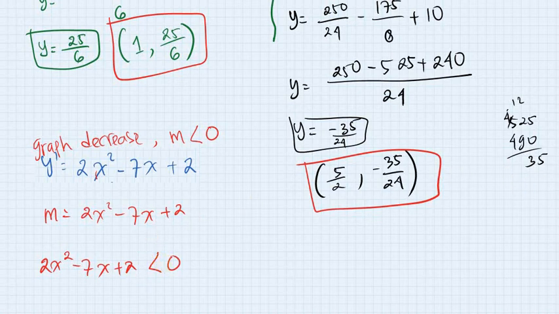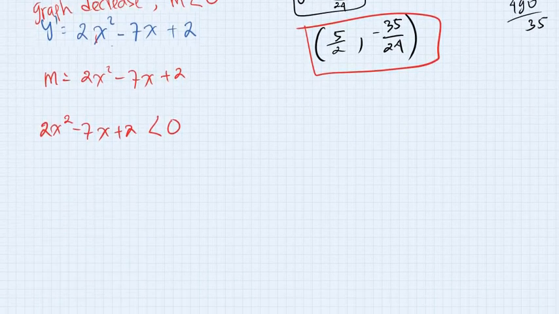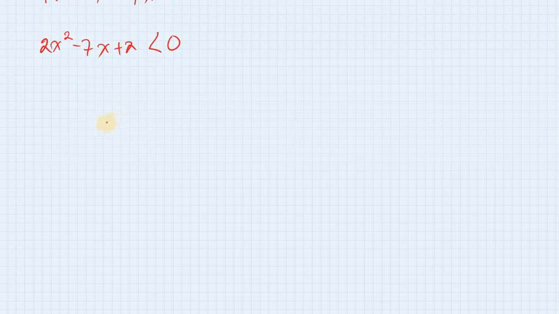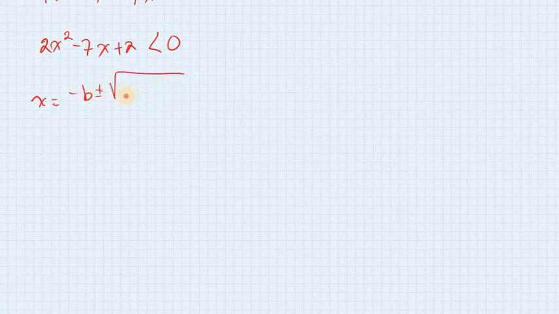Because we cannot find the roots of this manually, we have to use the quadratic formula. We will have x equals negative b plus minus square root of b squared minus 4ac, divided by 2a.